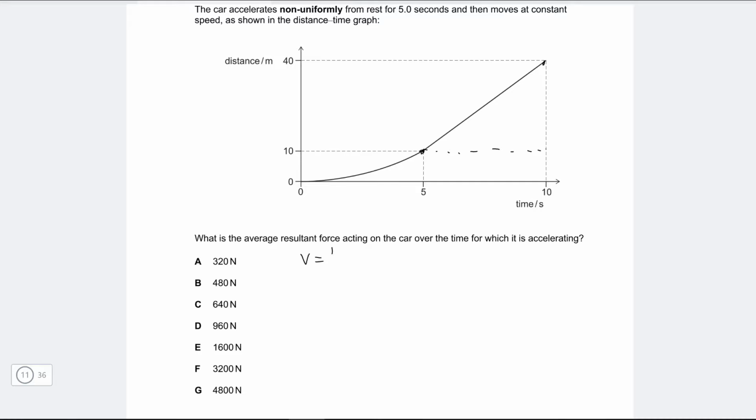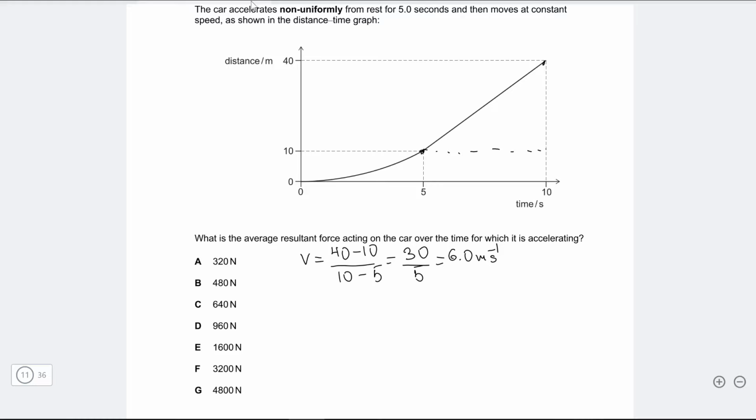That will just be 40 take away 10, and then on the x-axis will be 10 minus 5. So it's going to be 30 divided by 5, which is equal to just 6.0 meters per second.